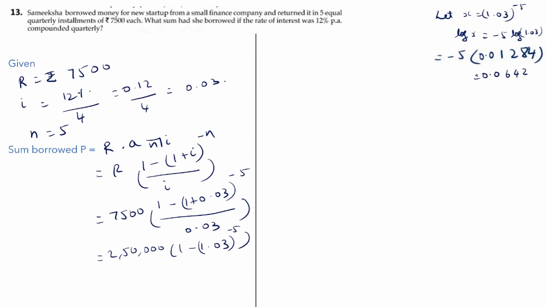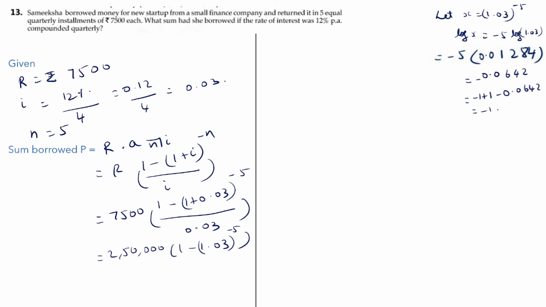So log 1.03 from the log table we will get as 0.0128, so minus 5 times it is minus 0.0642. Now we have studied in log that the characteristic can be negative but the mantissa part should not be negative. The value after the decimal point should be positive. So what we can do is add and subtract 1.